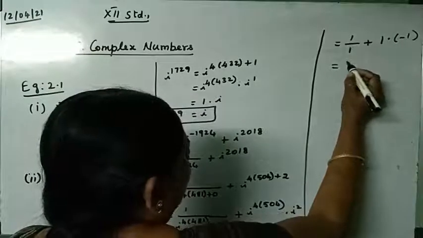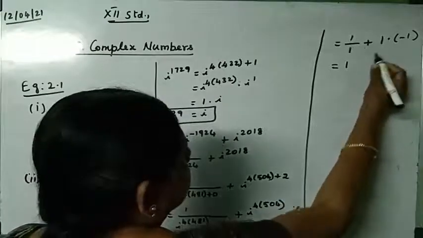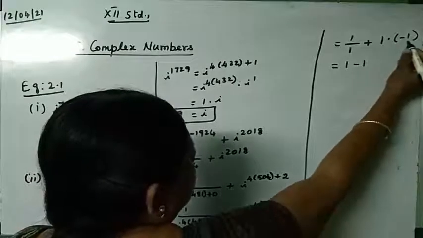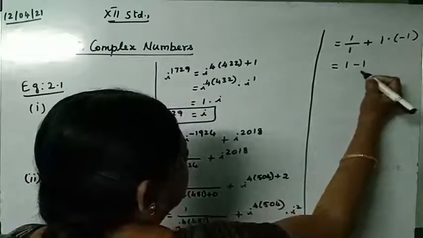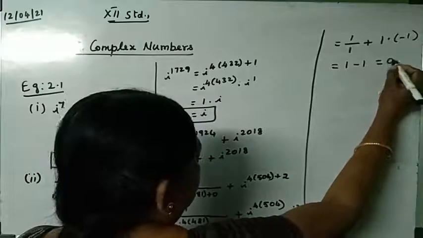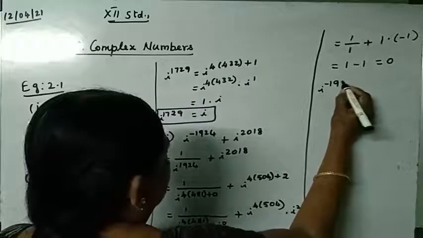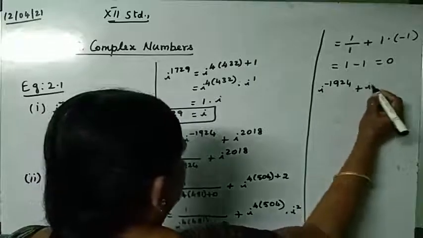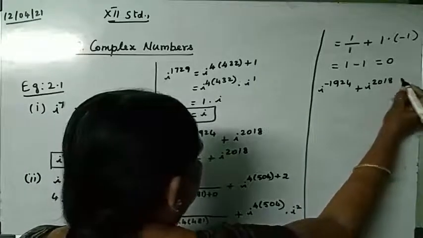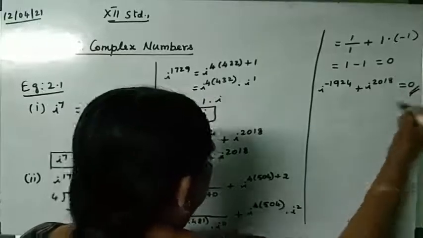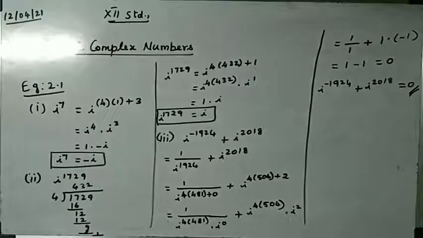So it is 1 minus 1. 1 into minus 1 is minus 1. 1 minus 1 equal to 0. So i power minus 1924 plus i power 2018 is equal to 0, that is the answer. And this is the way you have to find out the answers.